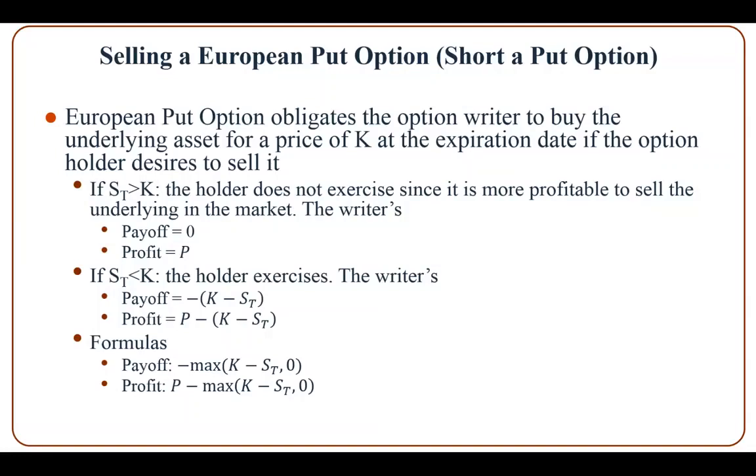And the formulas for the payoff and profit correspondingly: the payoff is negative max of K minus ST and 0, and profit is P minus max of K minus ST and 0.